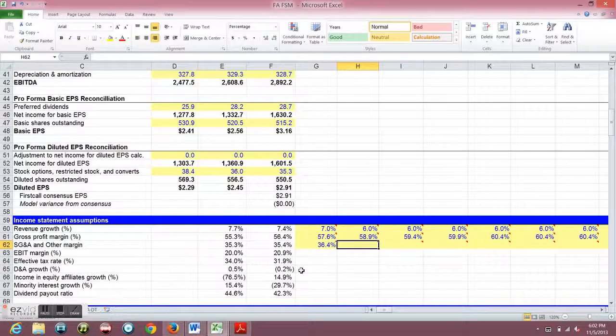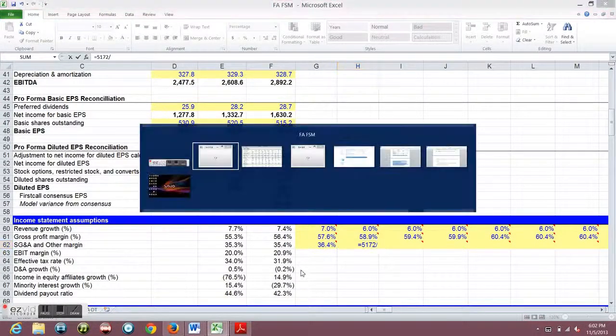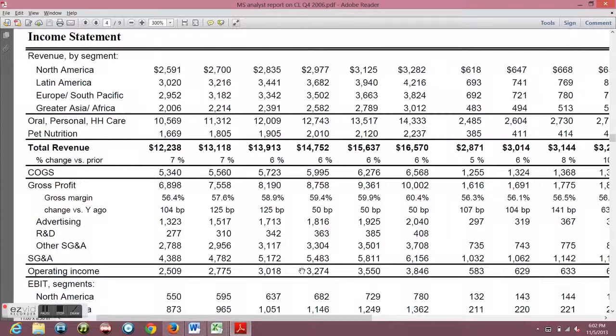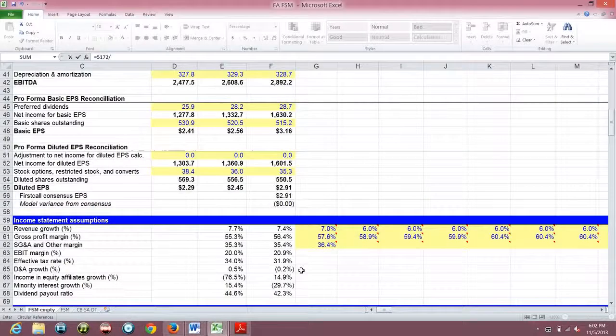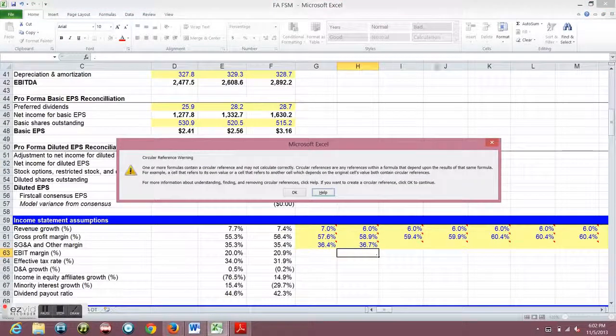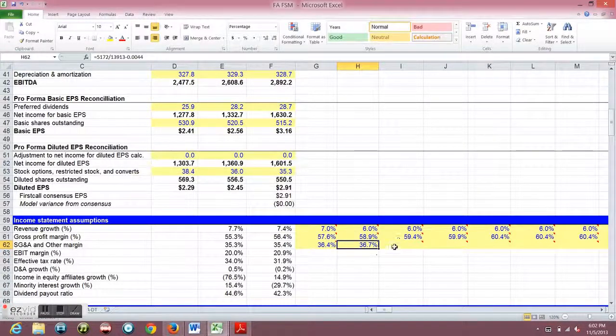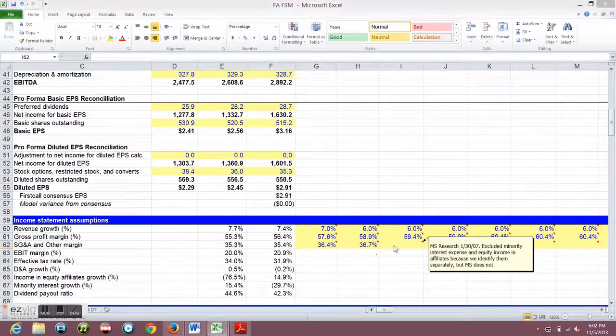5,172 divided by 13,913, minus 0.0044. Perfect. We just cross this out. Okay, then we're going to do it again.